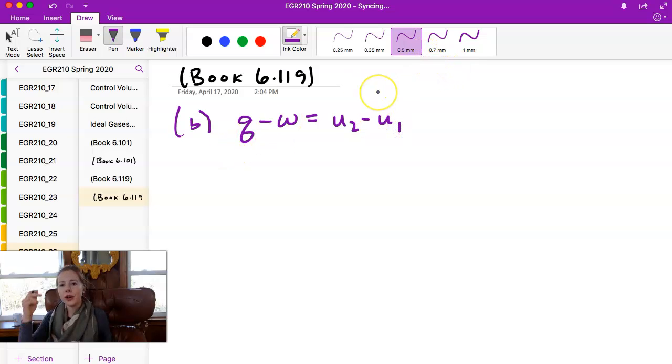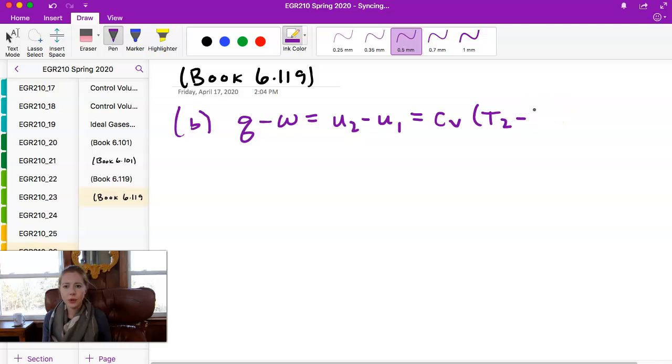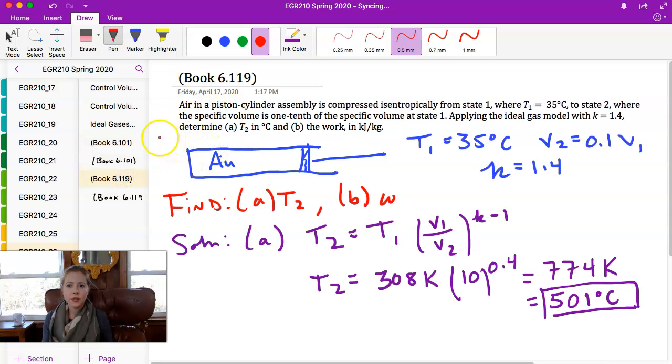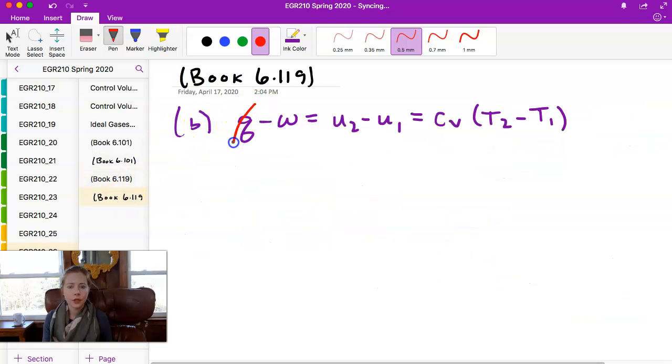All right, so remember that to get delta H, we can do Cp delta T. To get delta U, we use Cv delta T. And so this is going to be equal to Cv times T2 minus T1. For this problem, our heat transfer is going to be 0, dealing with an isentropic process.